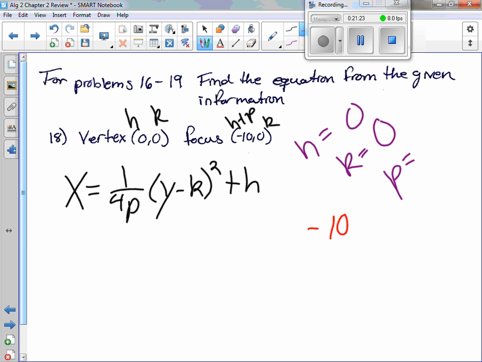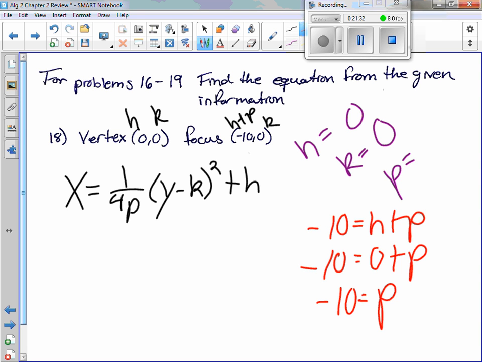So negative 10 is equal to h plus p, or since we know h is 0, it'd be 0 plus p. So negative 10 is equal to p. Because h and k were both 0, it simplified this a little bit for us.